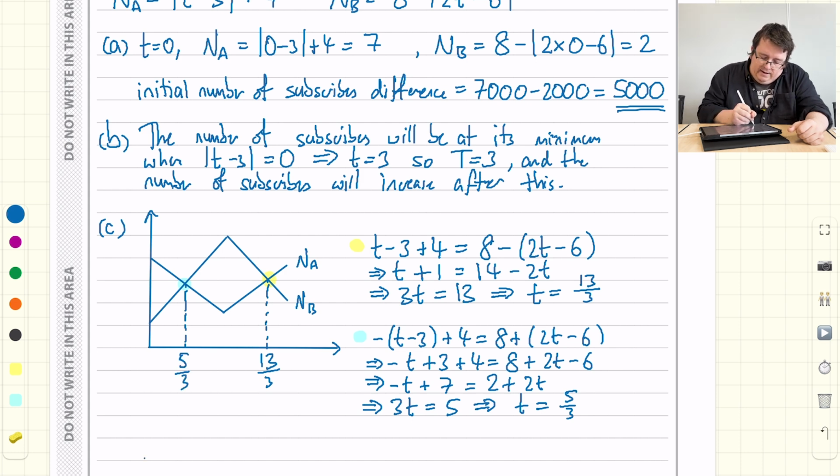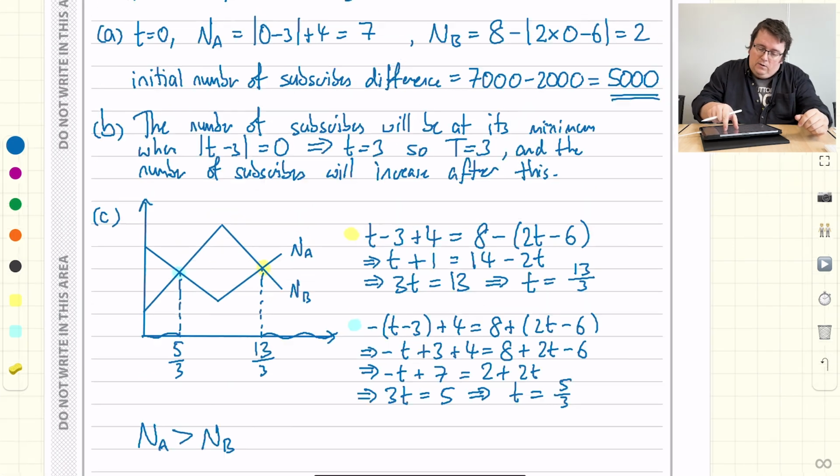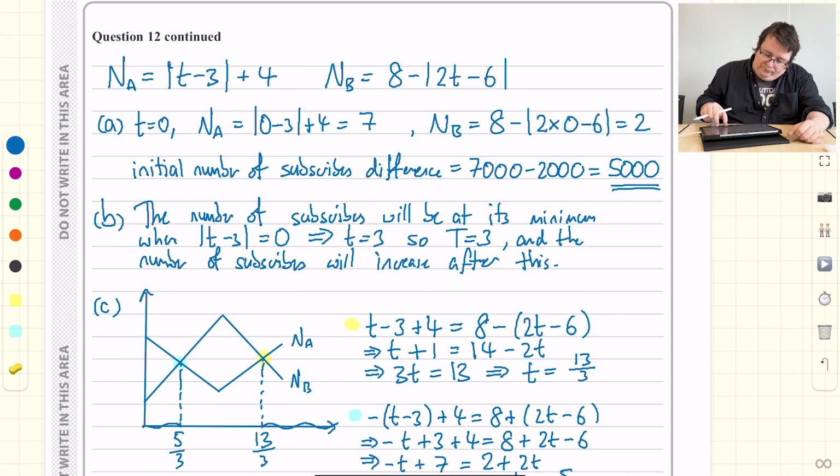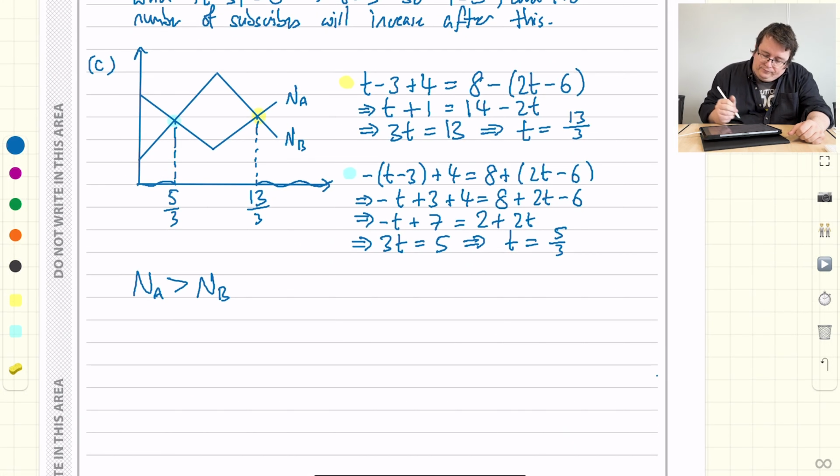So NA is greater than NB here for that region and for that region. So we want this in, what did the question ask? Find the range of values for t for which NA is greater than NB, giving your answer in set notation. Okay, so we need it to be the set of t such that t belongs to the real numbers.